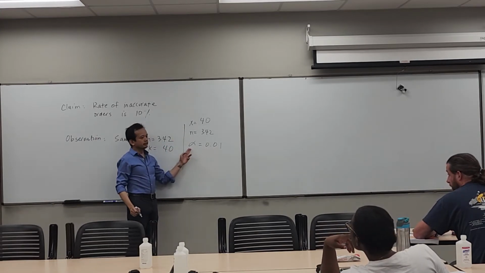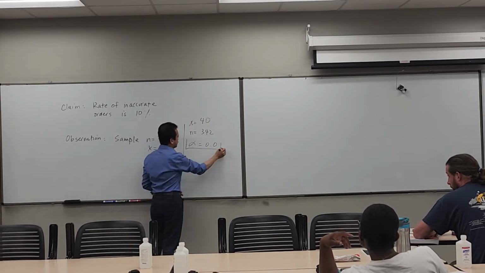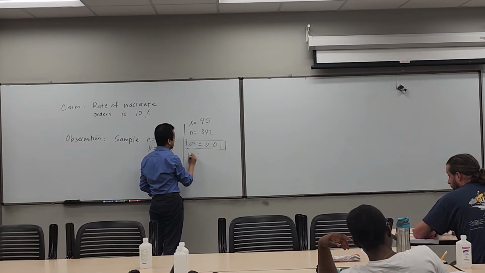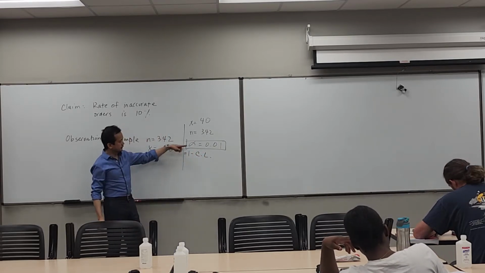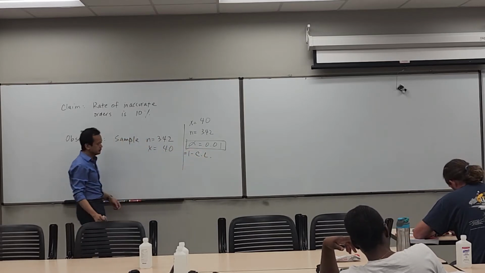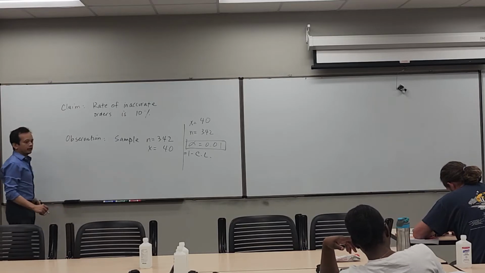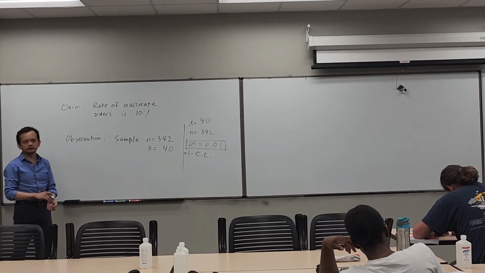And then the significance level is 0.01. Remember, the significance level is always 1 minus the confidence level. So if the significance level is 1%, that means the confidence level is 99%.